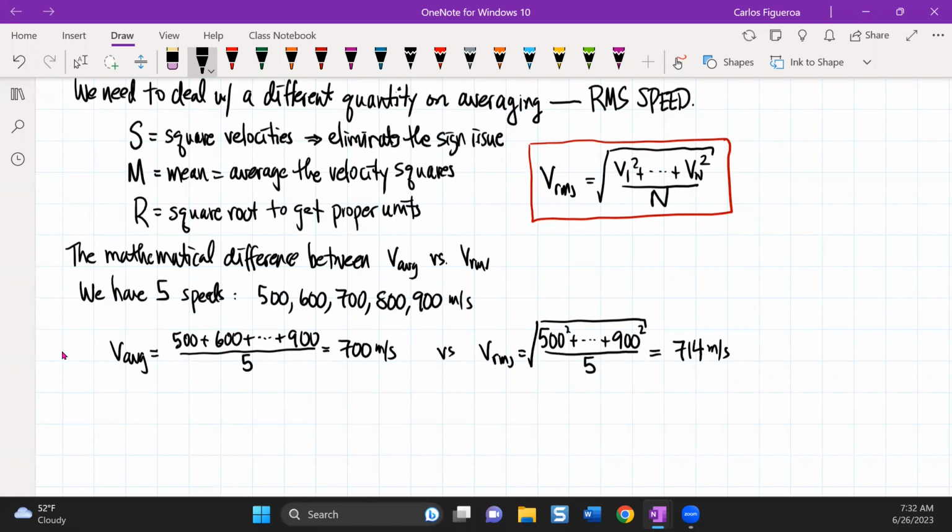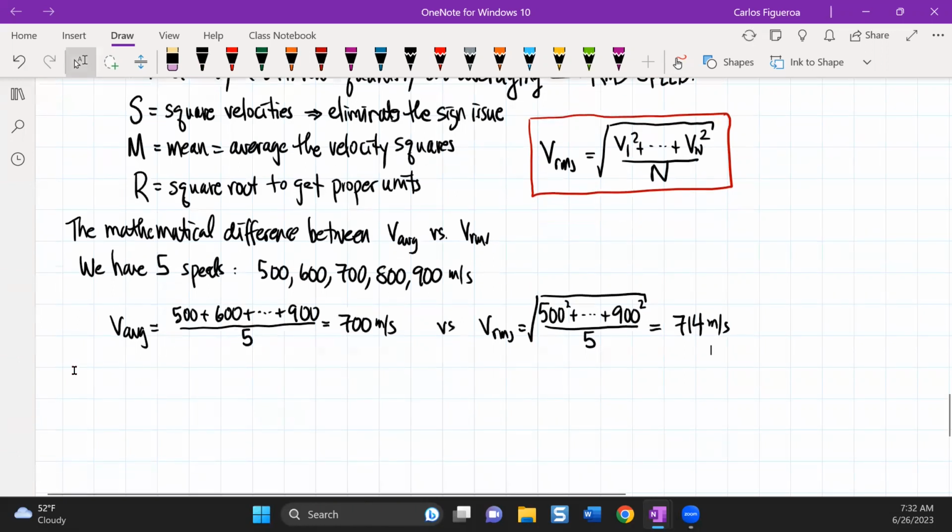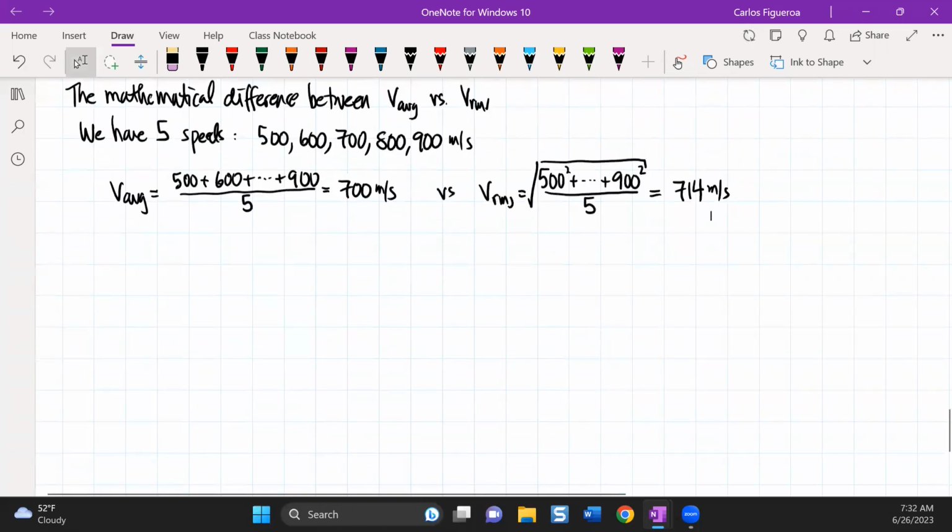So you could see that there is a slight difference between the two. One sees VRMS is slightly larger than V average, right?